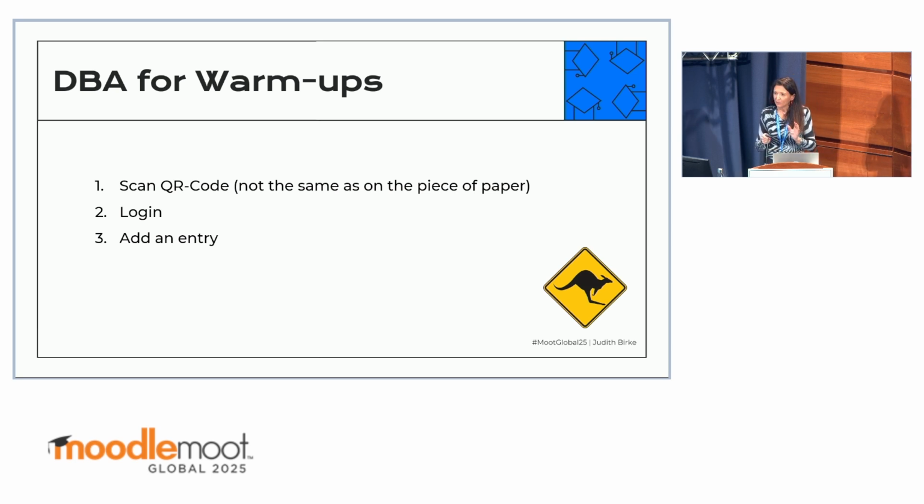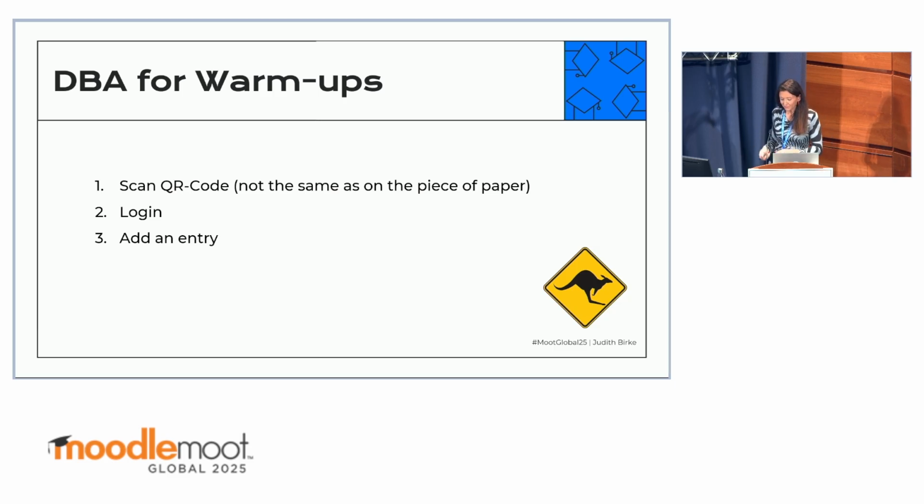I'd like you to scan in the QR code that I'll show you in a second, and log in with the credentials that you have on those little cards that you got. Has anybody not got a card? Okay, 1 or 2, 3, 4. Use a number between 300 and 400 as your username and the password. So those who don't have a card, then you'll get in as well.